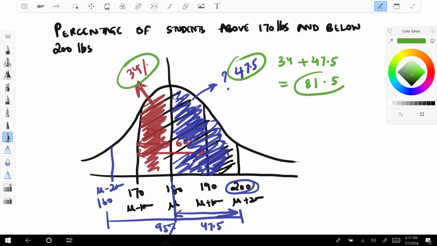So the percentage of the students who lie between 170 and 200 are 81.5%. So this concludes our lecture on the empirical rule. Thank you.